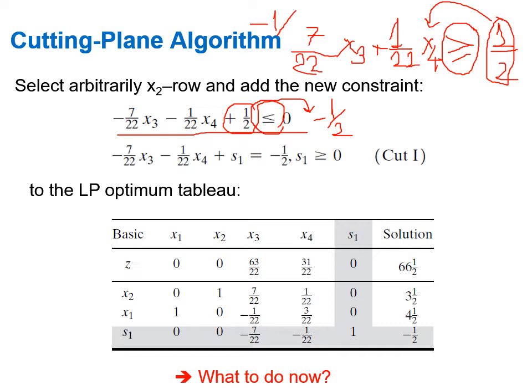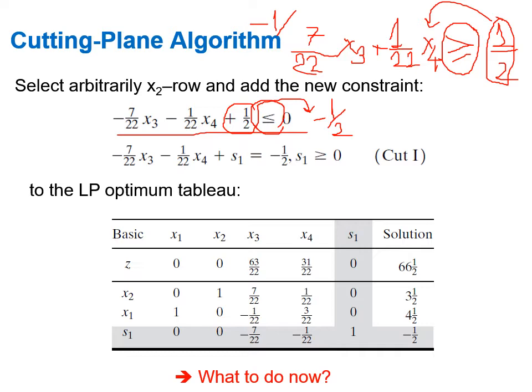How do we convert a less than or equal to constraint into its standard form with equality? Remember our previous course, OR1 course, we do this by including a slack variable. So we add a slack variable to the left hand side and make it equal to -1 over 2, and this slack variable is greater than or equal to 0. This is a new variable.